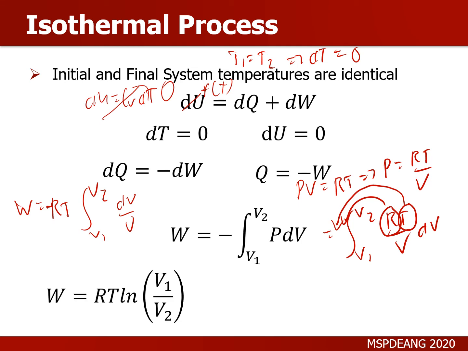Okay. Thus, W is equal to RT ln V1 over V2. Or in terms of pressures, W is equal to RT ln P2 over P1. And to get Q, Q is just negative of W. So for an isothermal process, the magnitude of work and heat transfer should be identical.